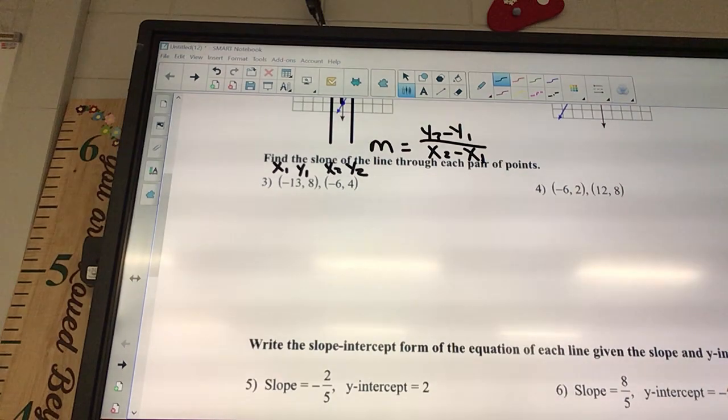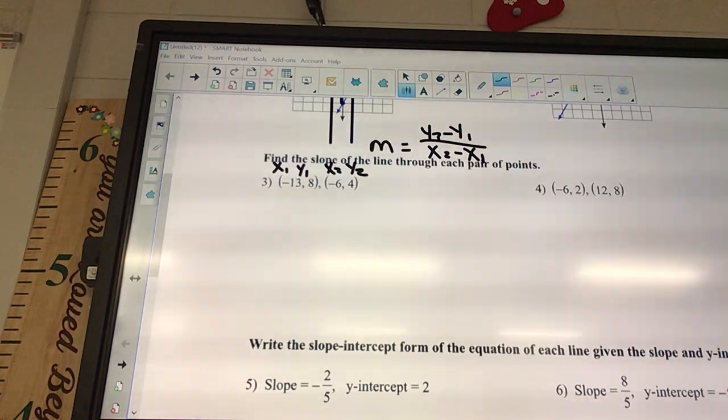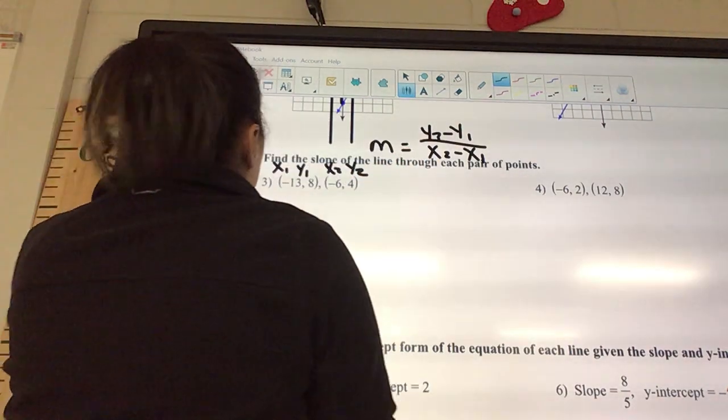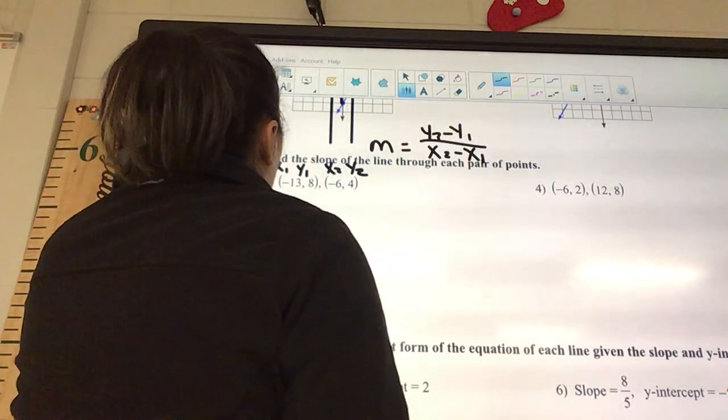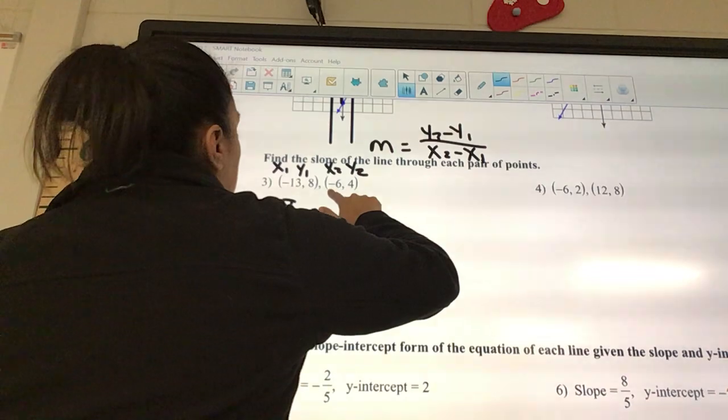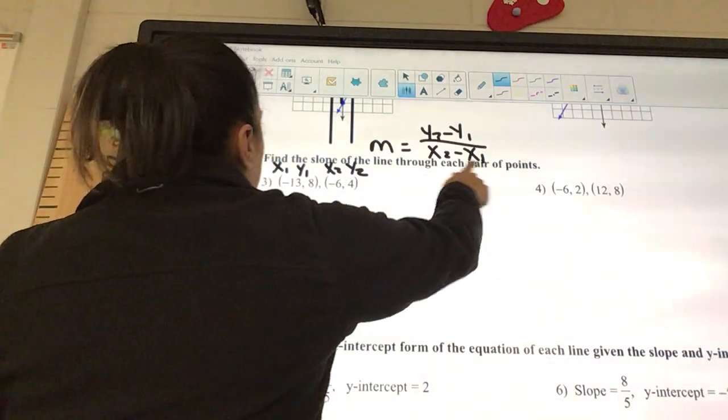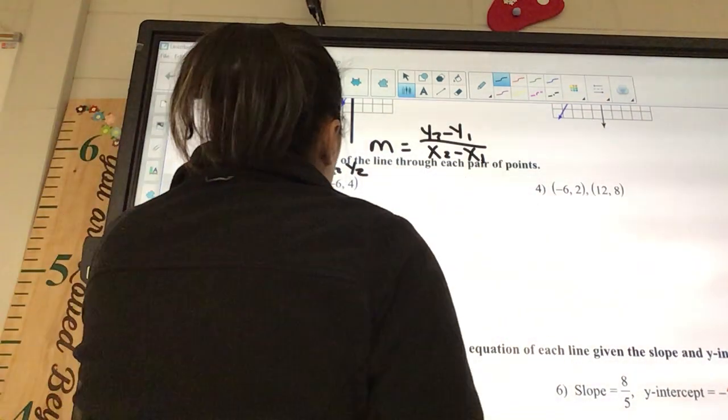Essentially we're just plugging it in. My y2 is 4 minus my y1, which is 8, over x2, which is negative 6, minus x1, which is negative 13.